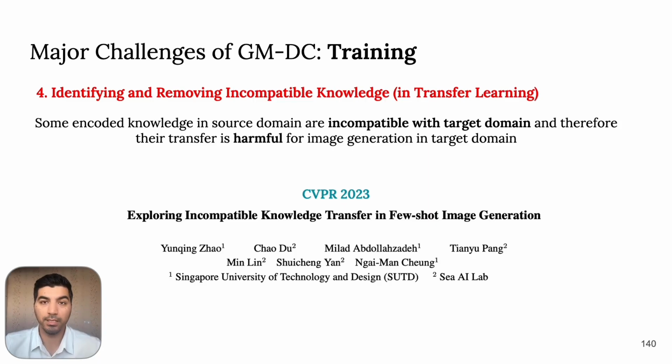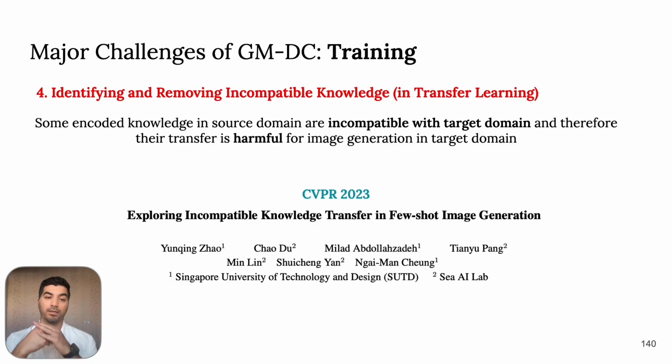And the final training challenge is identifying and removing incompatible knowledge. And this is also specific to transfer learning. We showed this for the first time in our CVPR 2023 paper. The concept is that some encoded knowledge in the source domain is incompatible with the target domain.